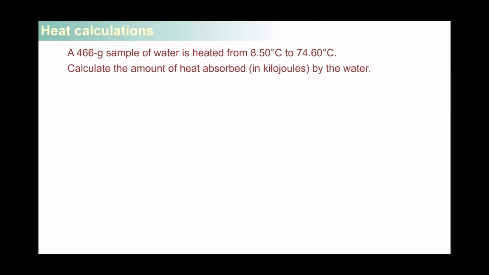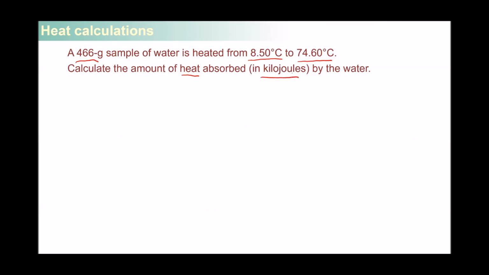So let's do an example here. If you have a sample of water that weighs 466 grams and you want to heat it from 8.5 degrees Celsius to 74.6 degrees Celsius, how much heat will be absorbed in this heating process, in kilojoules?